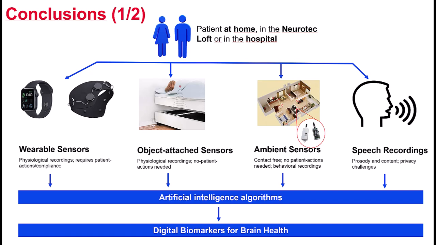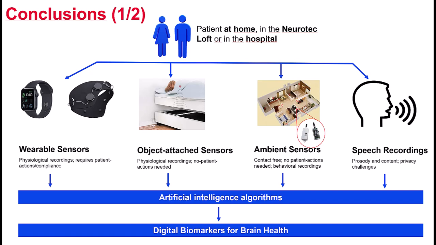And I have introduced wearable sensors, object-attached sensors, ambient sensors, and last but not least, the speech recordings, which we believe has a great potential because it can be easily scaled to other patient populations, and we can also scale it to large patient samples. And I have introduced algorithms that produce digital biomarkers down here.